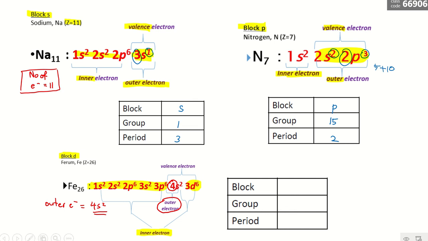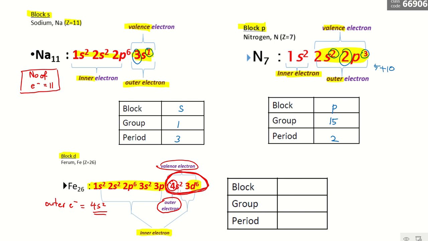Tapi valence elektron dia tak sama dengan outer elektron bagi blok D. Okey, valence elektron dia adalah semua yang start daripada ns2, contoh ni 4s2 dengan 3d6. Okey, jadi ini adalah valence elektron dia. You kena ambil daripada orbital S campur dengan D. Okey, dan kita nampak kat sini S dia 4 kan?